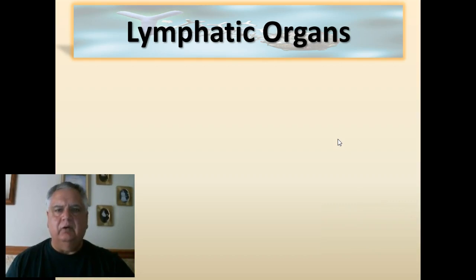Okay, now let's turn our attention to some other lymphatic organs that we can take a look at here. When we take a look at lymphatic organs, we're going to divide them into what we call primary and secondary lymphatic organs. Primary lymphatic organs are the organs where one of two things happens.